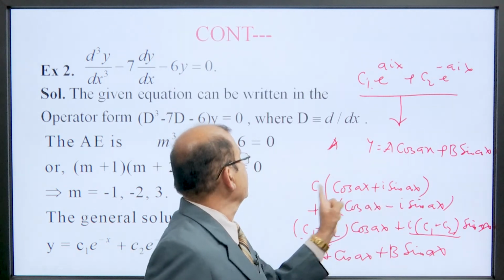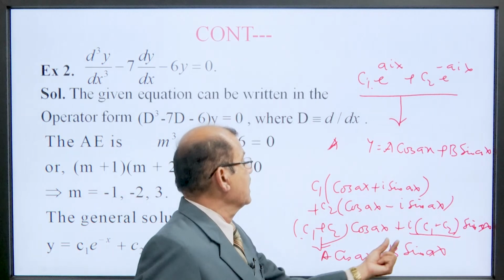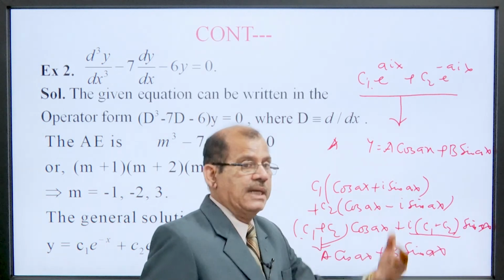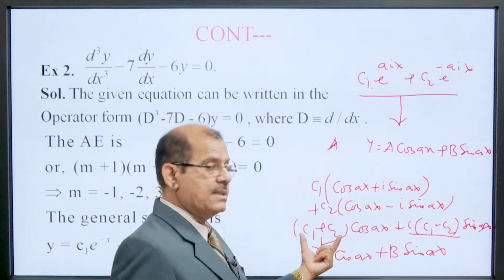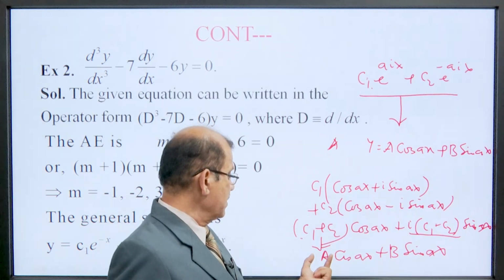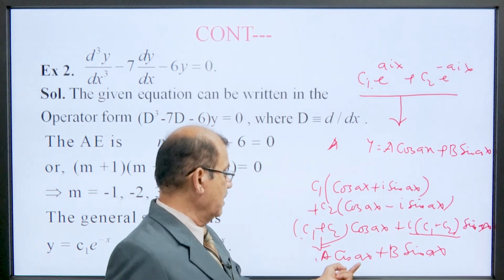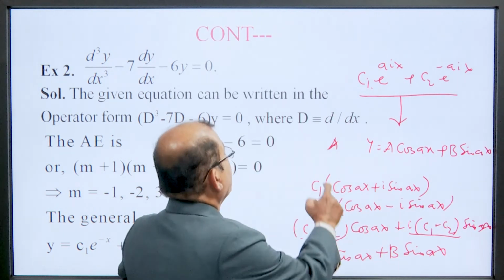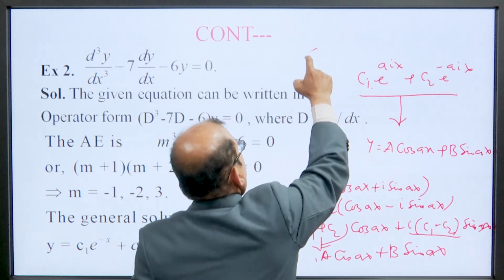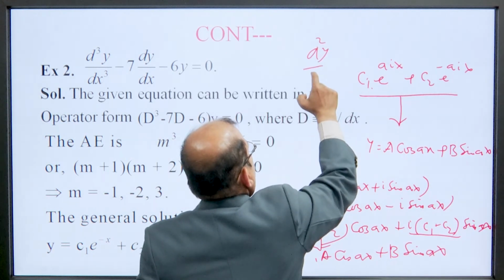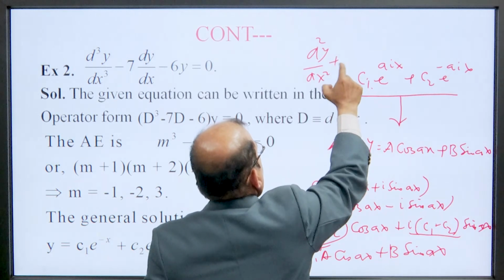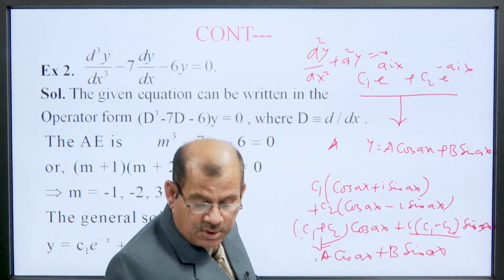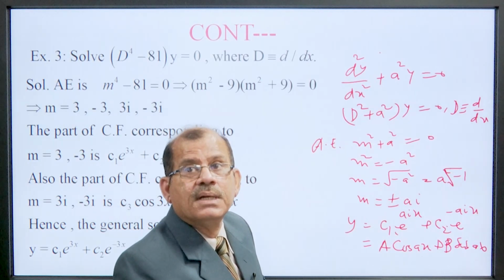Taking i common, we have (C1 minus C2) sin ax. Since C1 plus C2 is another constant, we have A cos ax plus B sin ax, the solution of the differential equation d²y/dx² plus a²y equal to 0.